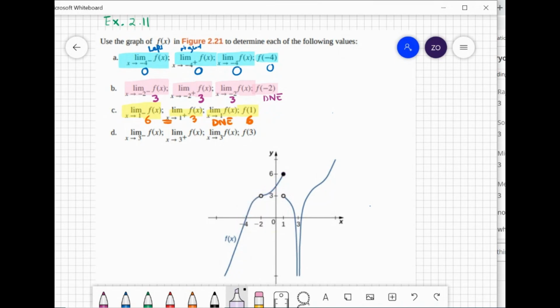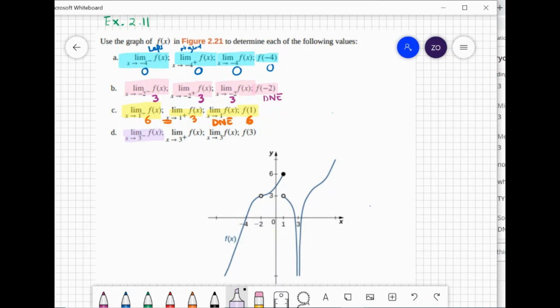Well, there are two different functions that define this. Okay, no problem. Now let's look at 3. What is the behavior at 3? So just read this question. We want to find the limit as x approaches 3 from the left values.